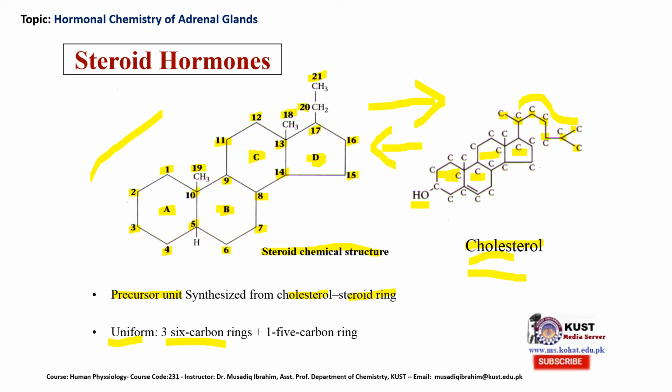So these are the 3 six-carbon rings, and 1 five-carbon ring, which is this one, and these hormones are known as the steroid hormones because they are derivatives of the steroid nucleus, which is cholesterol.